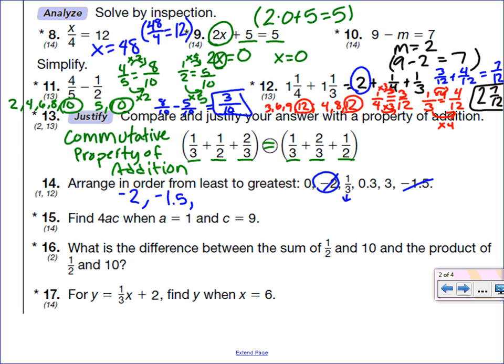Remember, 1/3 is just a fraction you should know. It is 0.333 repeating, which says since it has a 3 here and this has nothing here, it's bigger than 0.3, so 0.3 is next smallest. And then 1/3. And then 3.